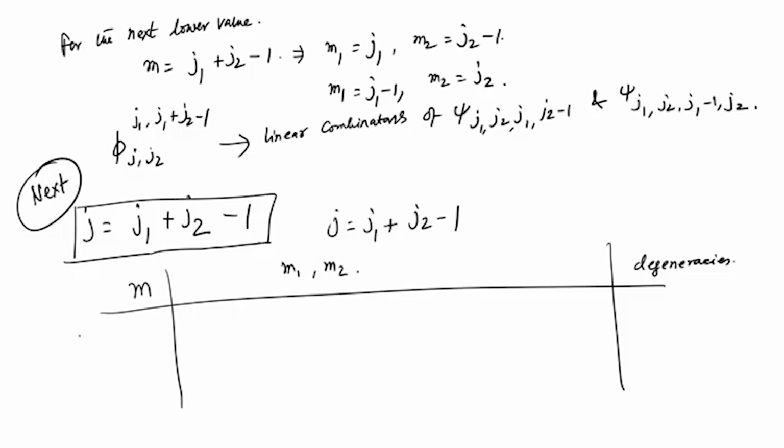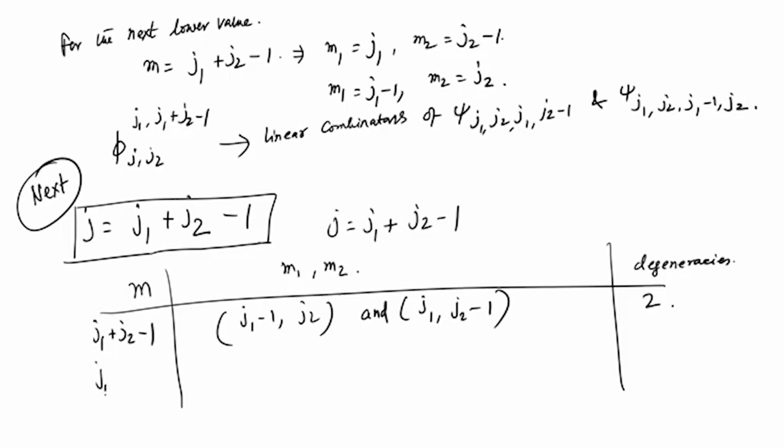So, if J is this, the maximum value of M is J1 plus J2 minus 1, and then we can have M1 to be J1 minus 1 and J2, or we can have J1 minus 1. In fact, I should write and, because there is a linear combination, J1 comma J2 minus 1. Okay, and which has again a degeneracy of 2. So, this sits at the top of the table, just like we have constructed the other table.